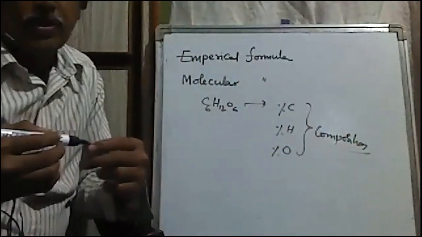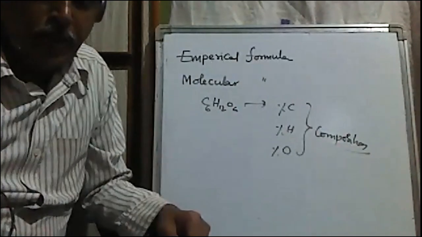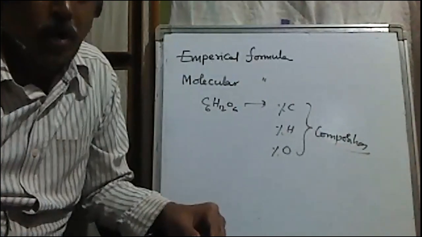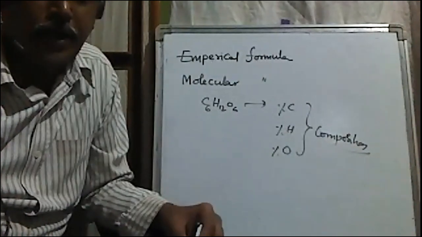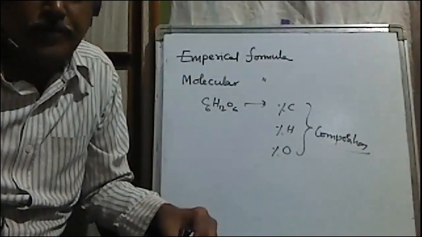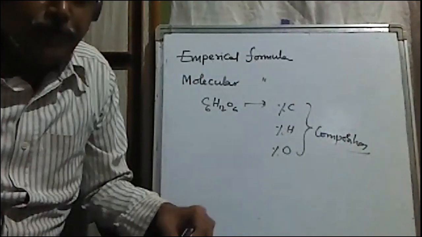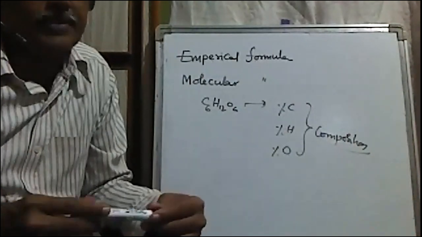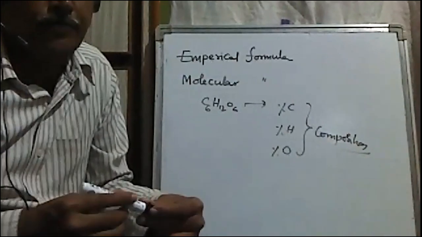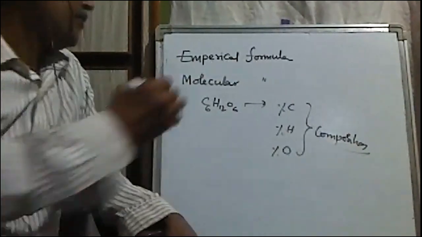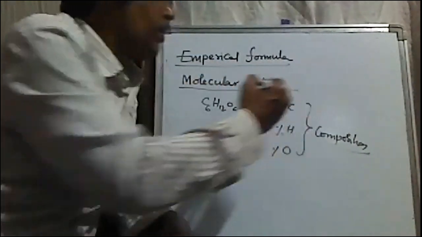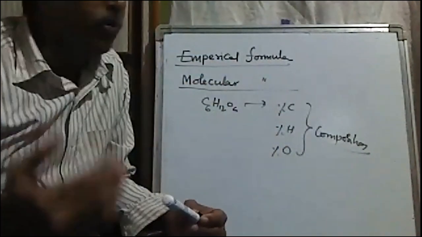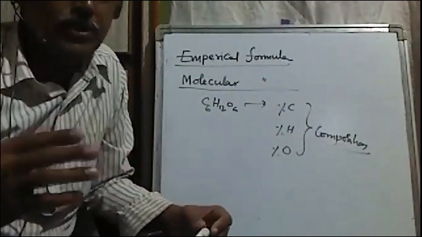Here, the composition will be given. By using this composition, we will determine the empirical formula and molecular formula of the compound. Before going into detail on how to determine them, first we need to know what the empirical formula is and what the molecular formula is, and how these two are related to each other.